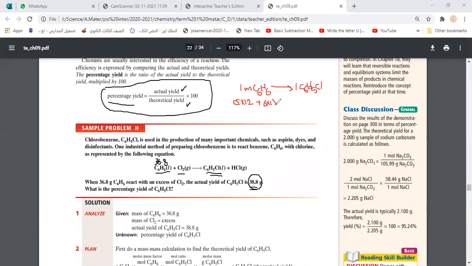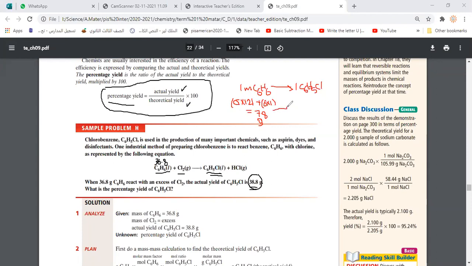So 6 times 12 plus 6 times 1 equals 78 grams. Why did we multiply by 1? Because the atomic mass of hydrogen is 1. So here 6 multiplied by 12, because the atomic mass of carbon is 12, and the atomic mass of hydrogen is 1, so 6 multiplied by 1. You get the idea?